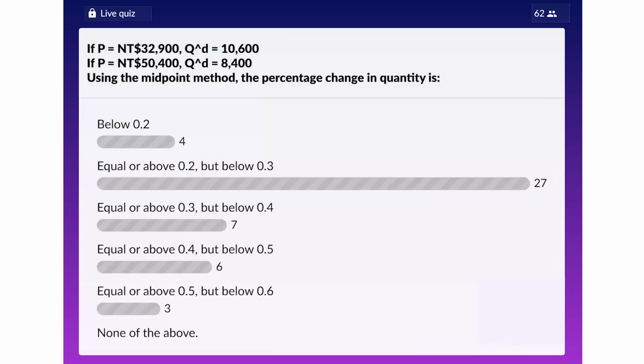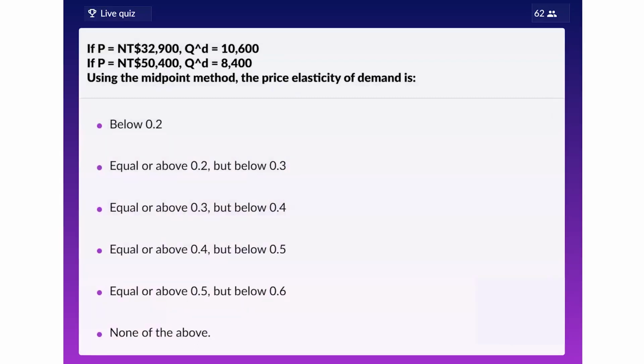All right, the majority of you say 0.2 something. Let's take a look. Yes, it is correct. So given you know the percentage change in price and percentage change in quantity, what is the price elasticity of demand? Again, is it 0.2 something, 0.3 something, 0.4 something, 0.5 something, or below 0.2, or none of the above?